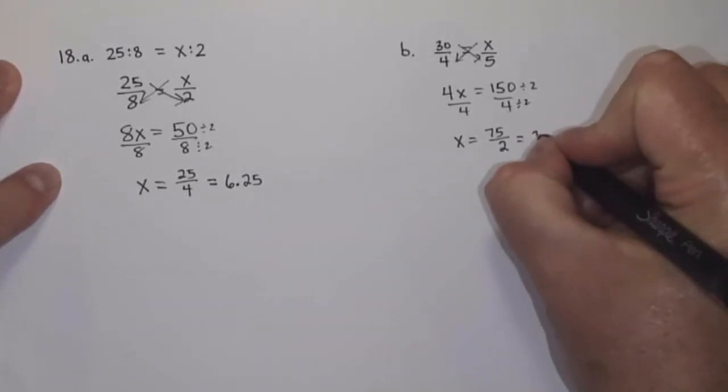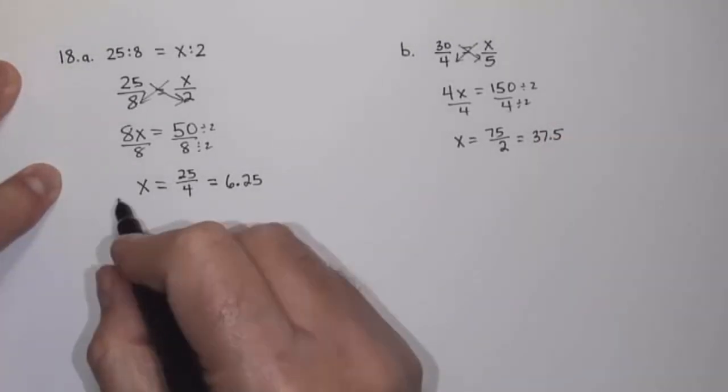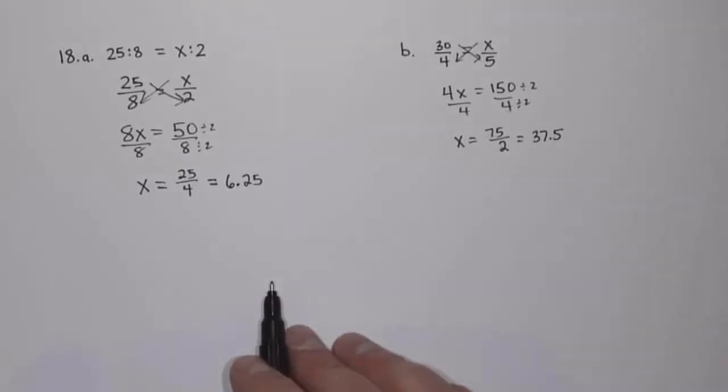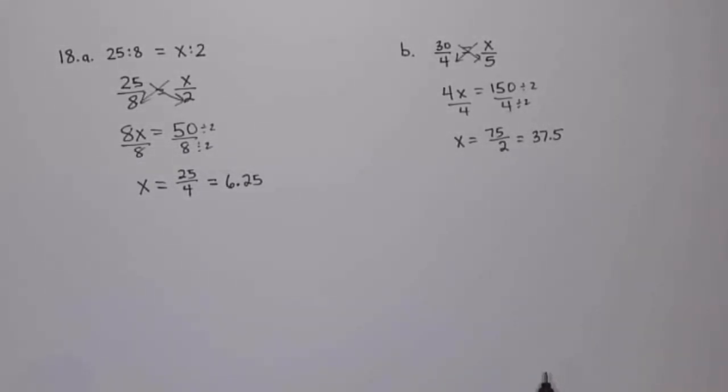Or if we want to put that in decimal form, that would be 37.5. Okay? So for part A, x is either 25 over 4 or 6.25. In part B, x is 75 halves or 37.5. Now let's look at problems 19 through 23 on one last video.